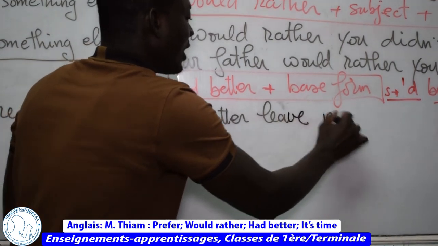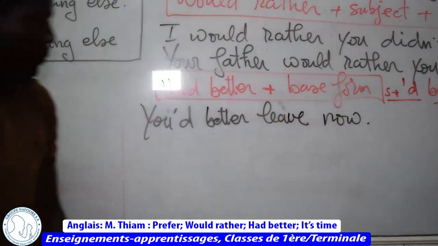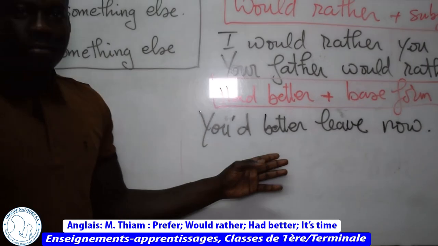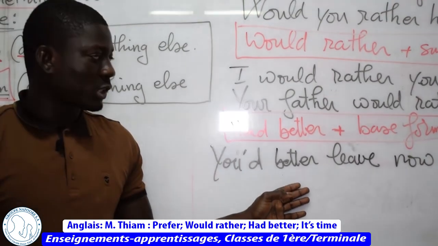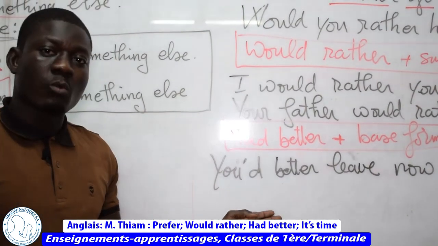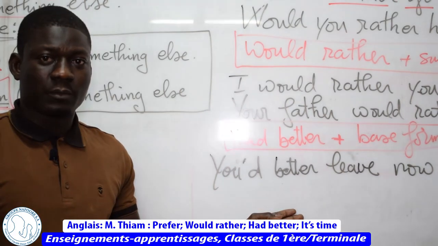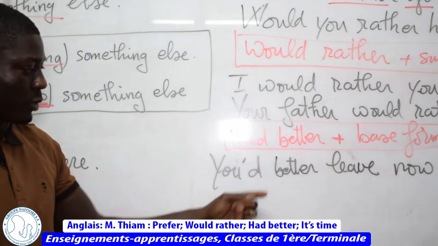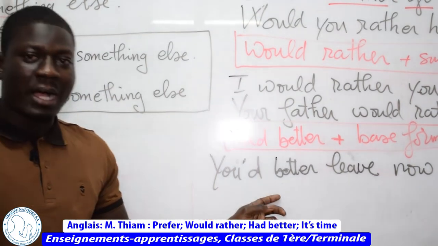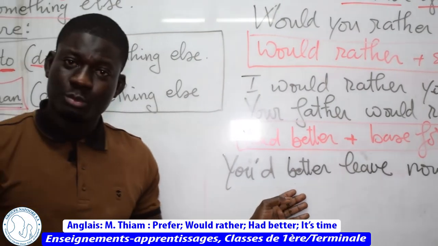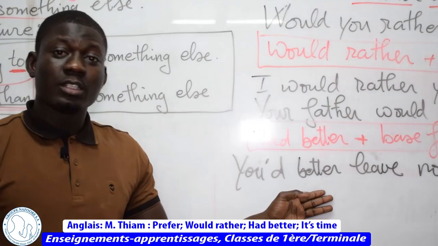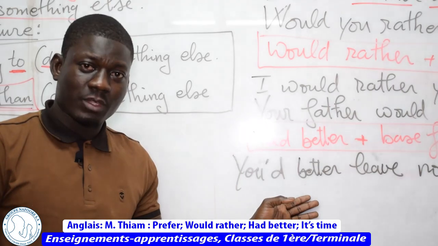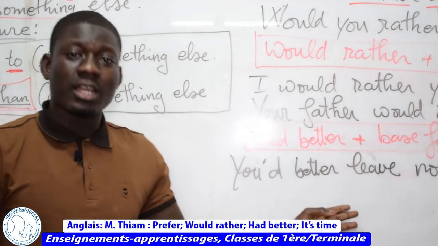What does it mean? It means that you are advising someone to leave right now. If we wanted to replace this with a modal verb, it would be "should": "You should leave now."